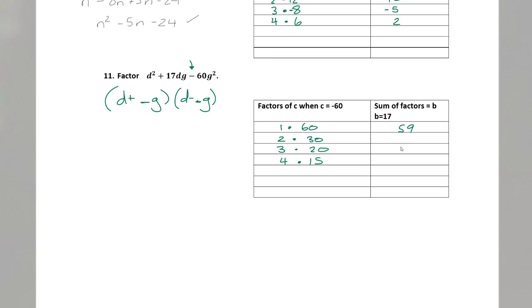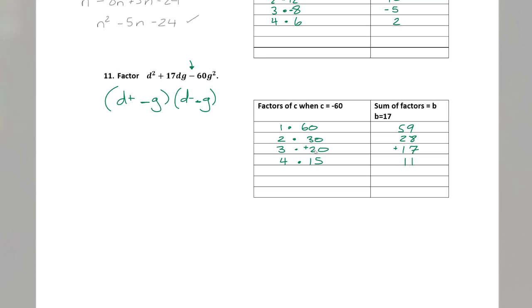Difference between 30 and 2 is 28. The difference between 20 and 3 is 17. The difference between 15 and 4 is 11. We were looking for a sum of positive 17. Well, here's our 17, and it's already positive in our case. So which one will get the higher value, the sign?